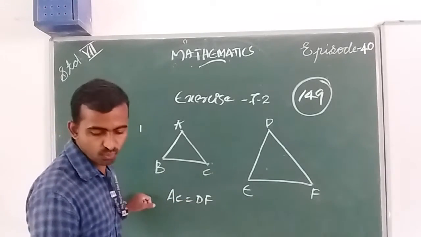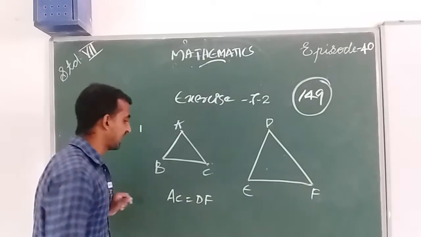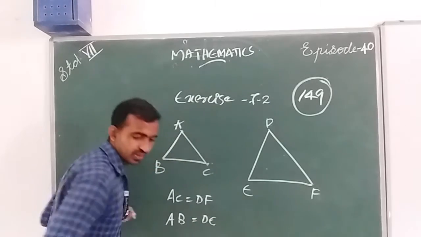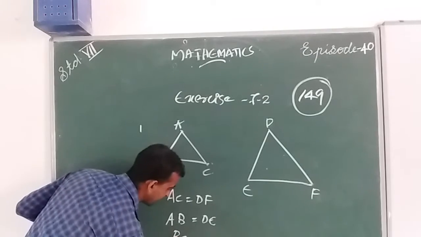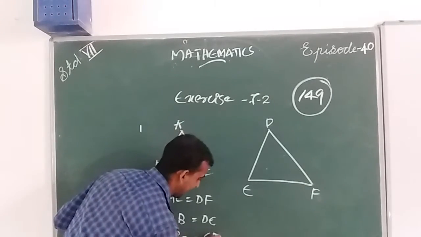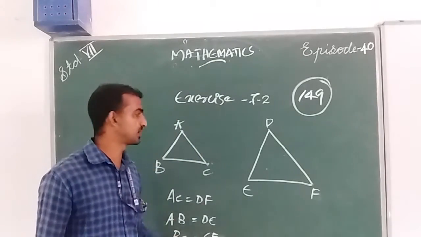And the second one is AB equal to DE, and BC equal to EF. Which congruence criterion do you use?